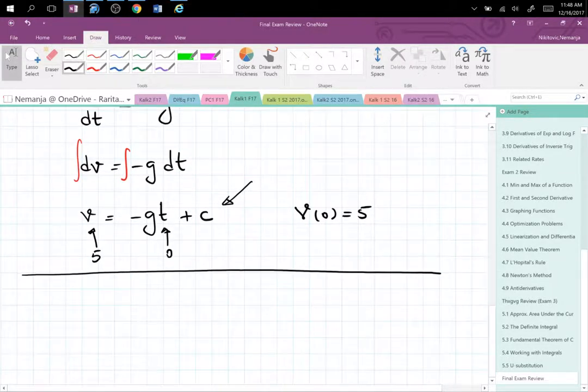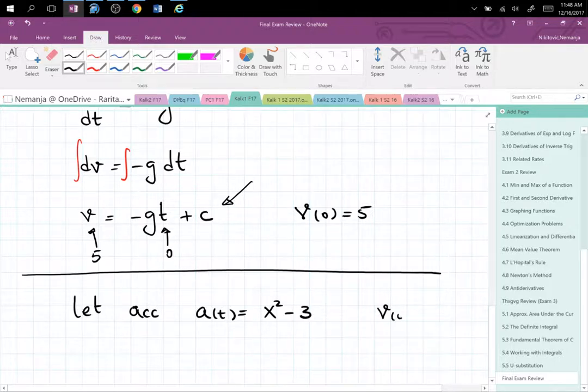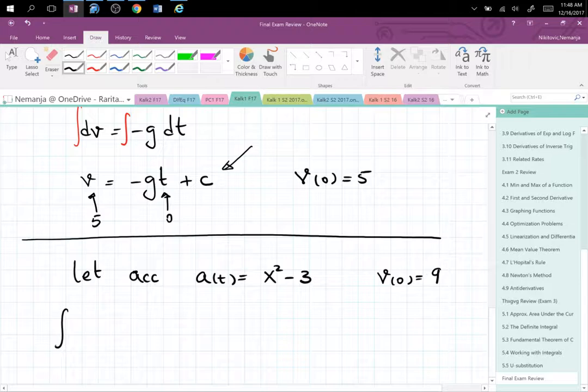So, I don't know, let the acceleration function be a of t is equal to t squared minus 3. And let's say you have that v of 0 is 9. So what you're going to do is you're going to integrate acceleration, which is the integral of t squared minus 3.